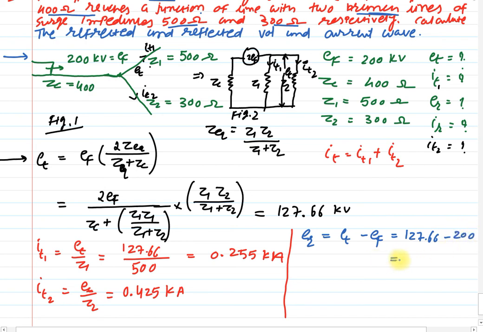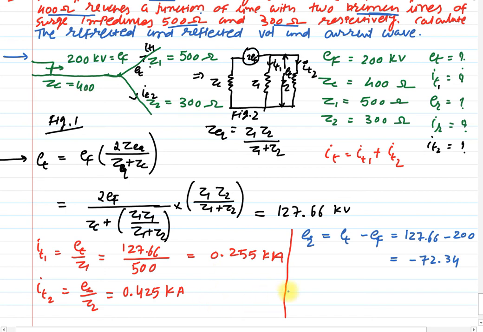So we will get the final answer minus 72.34. In both these examples, we have seen that the magnitude of the reflected voltage wave comes with a negative sign. Clear? Because it is reflected back from the junction and travels in the negative direction of x.